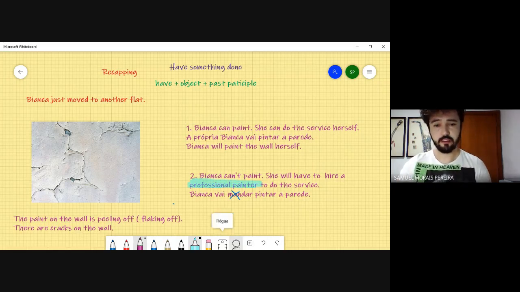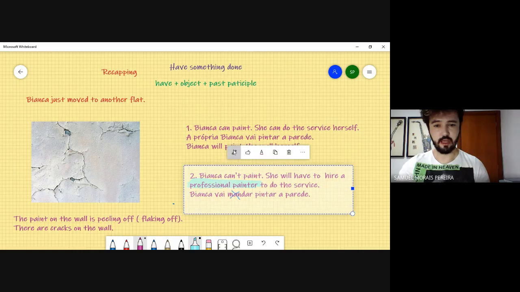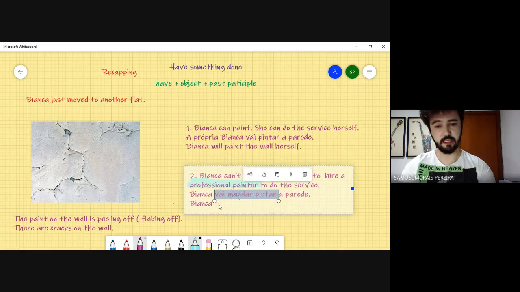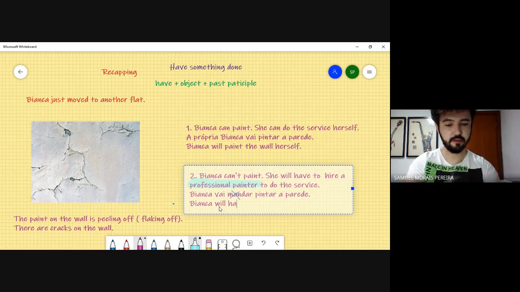So, organizing the sentence into English, I will say like this, ó, Bianca, aí eu começo a usar a estrutura, have something done. Então, ó, Bianca, the action here is in the future, right? So I have to use the verb in the future. I have to use have in the future. I say will have, seguindo os passos, né? Remember, I have here 3 steps. Step number 1, you use have.